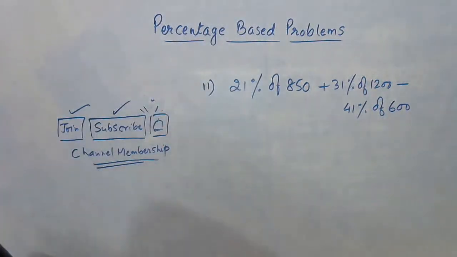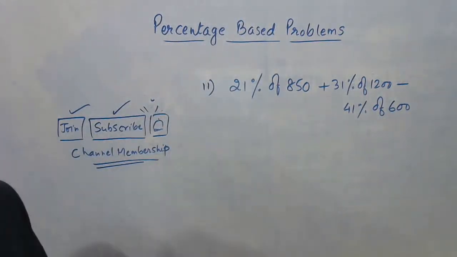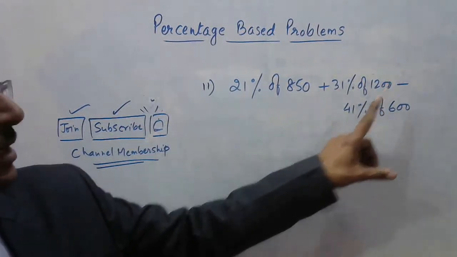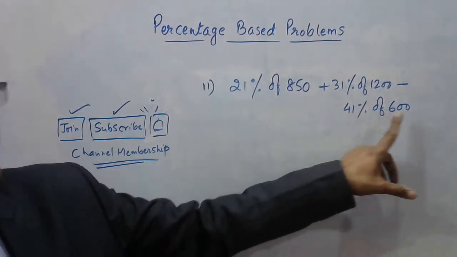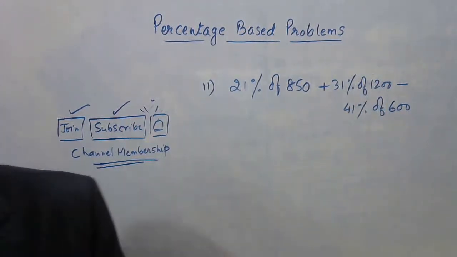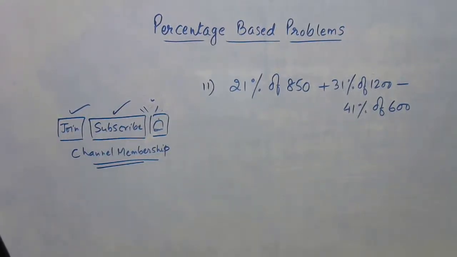Now 21% of 850 plus 31% of 1200 minus 41% of 600. Let's see whether you can solve this one and get to the answer. The final question for today. Let's compete for supremacy. Let's compete for developing our speed of calculations. So I'll just wait for some answers to come in.